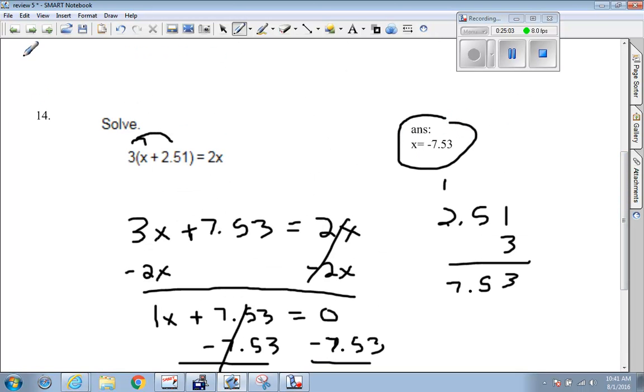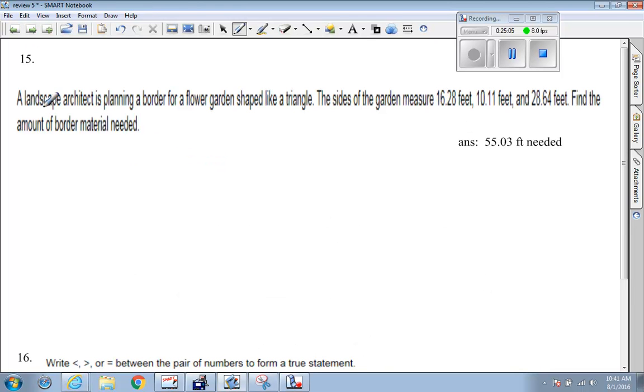Okay, moving right along. A landscape architect is planning a border for a flower garden shaped like a triangle. The sides, and honestly, as soon as I see the word triangle, I usually try to make some kind of sketch. So you have side lengths measuring 16.28, 10.11, and 28.64 feet.